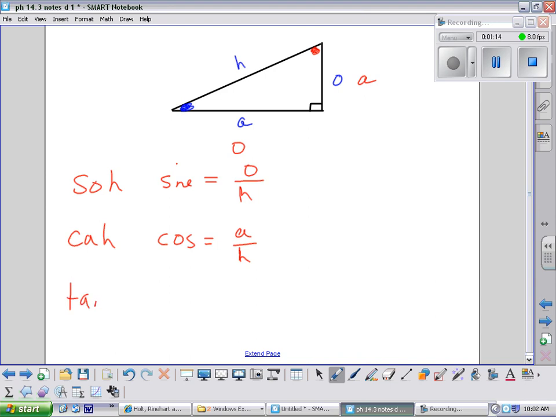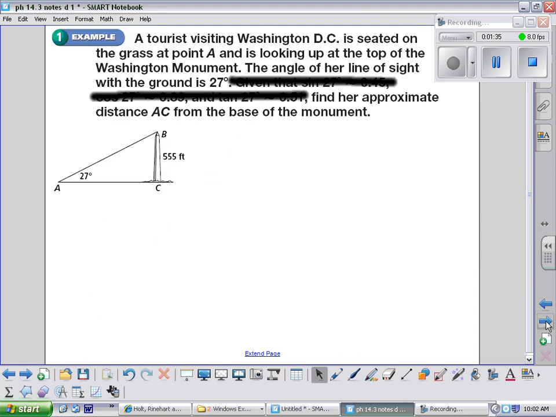And tangent equals, TOA, opposite over adjacent. And again, the condition is we have a right triangle, and we're talking about sine, cosine, tangent. Okay, so let's get started here.